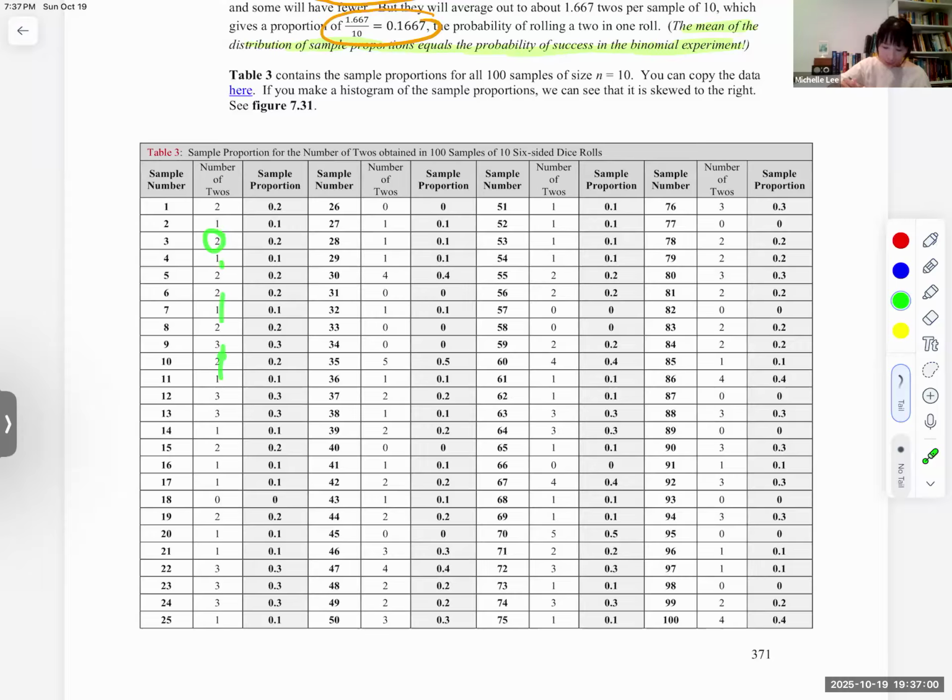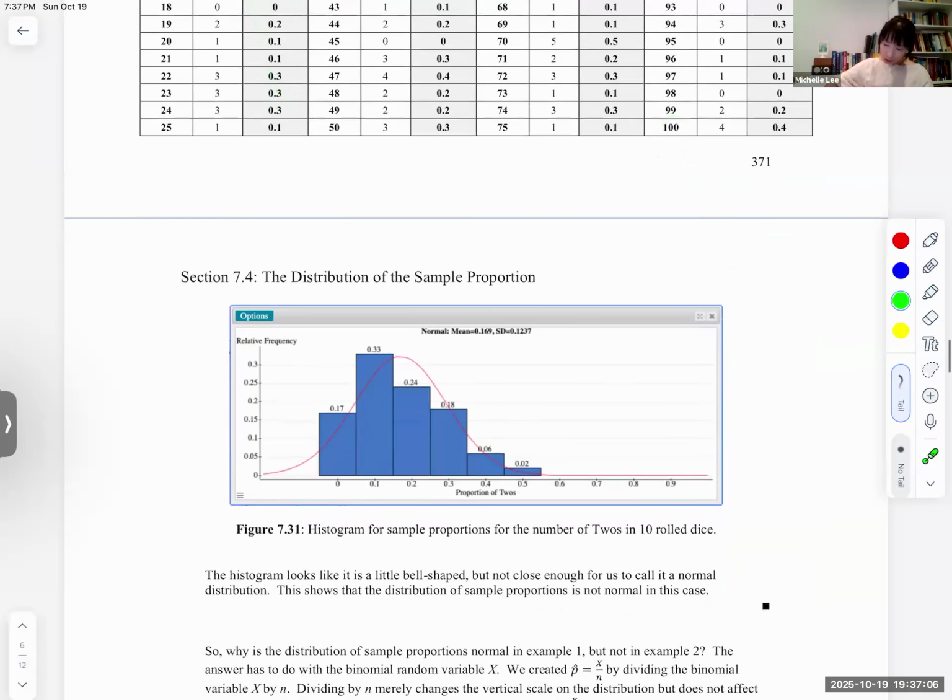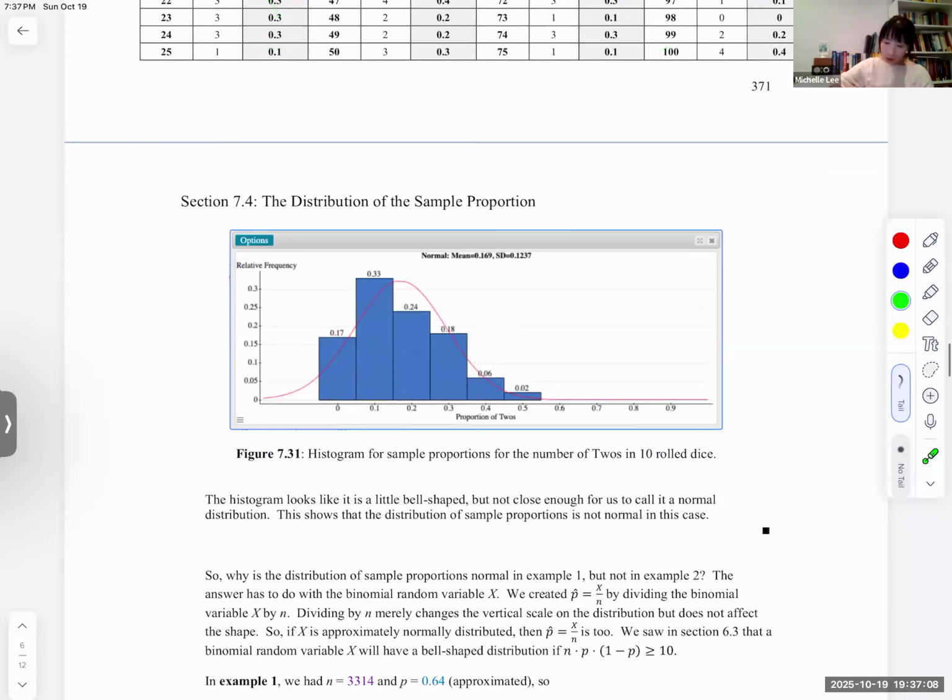So we have a sample proportion there, 100 of them. Okay, so for the histogram, just take a look. What do you think about this one? Skewed right? Yeah, we know this is non-normal, right?